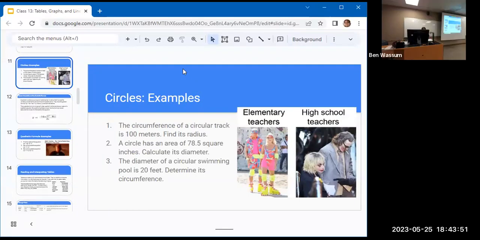We got a couple of examples. The first one says the circumference of a circular track is 100 meters. And we want to know what the radius is.